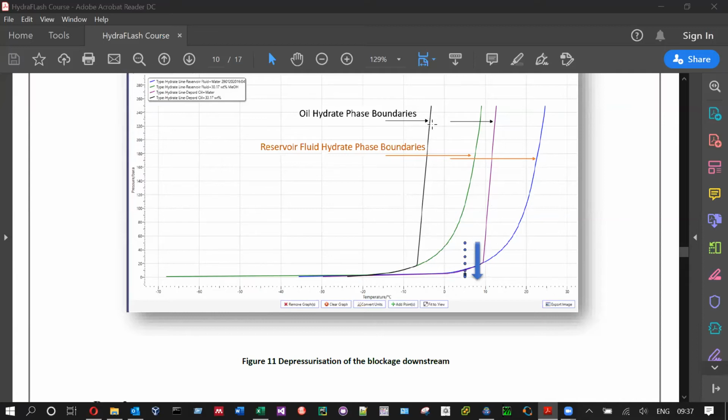And with methanol, it goes further to lower temperature. But you see that some points, despite depressurization, are still in the hydrate stability zone.